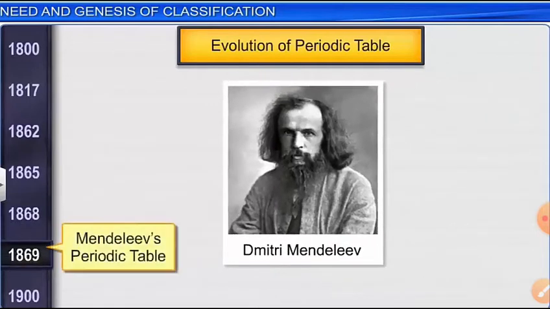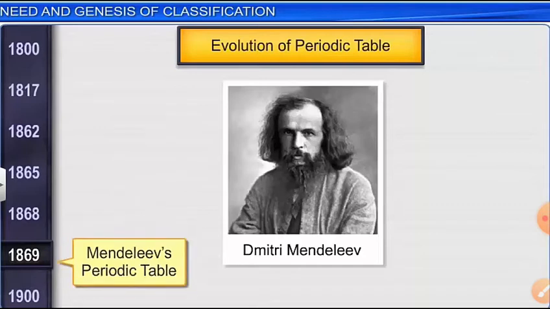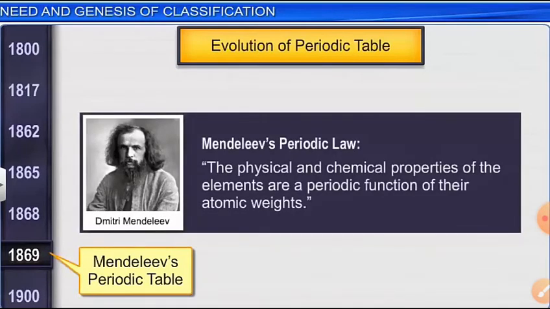And then in 1869 came Dmitri Mendeleev, a Russian chemist, who explained the periodic table, and he was the first to arrange the elements in a tabular form in which we have rows and columns. He gave a law called Mendeleev's periodic law, which states that the physical and chemical properties of elements are a periodic function of the atomic weight.